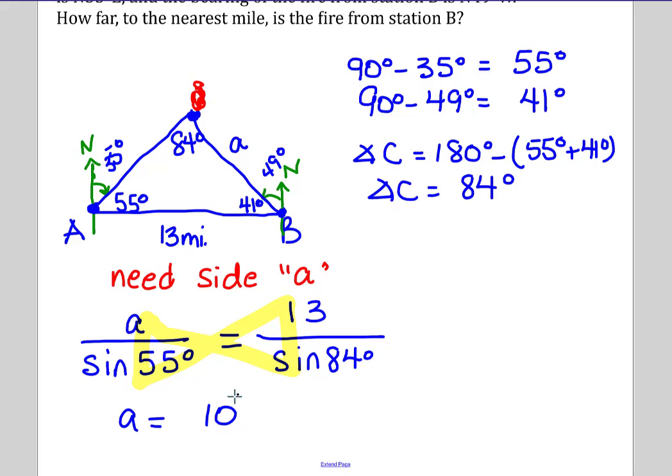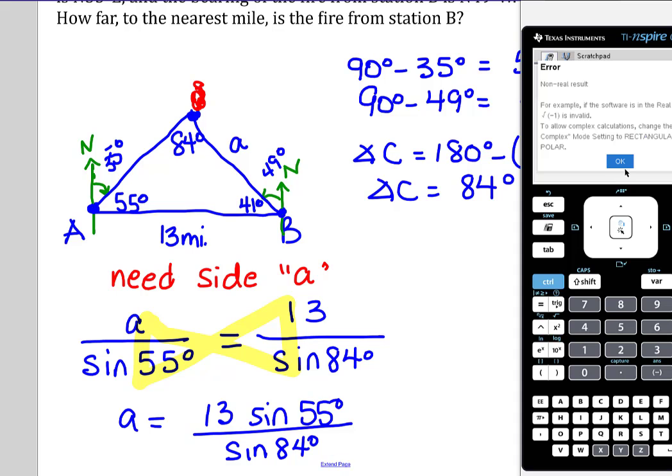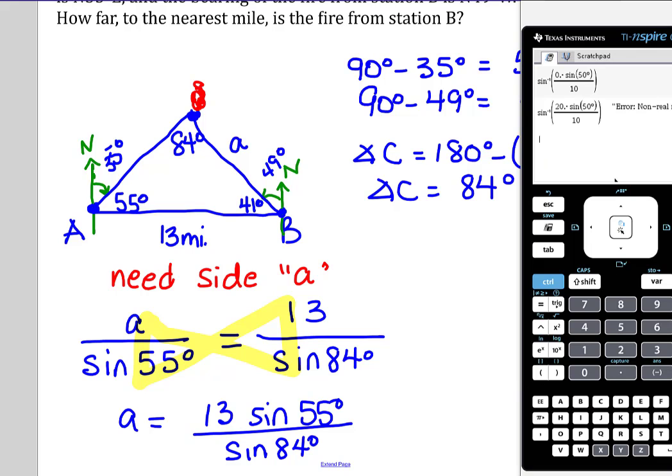Whoop, that's not right. So A is 13 times sine 55 divided by sine 84. So let's get our calculator and start over with that.